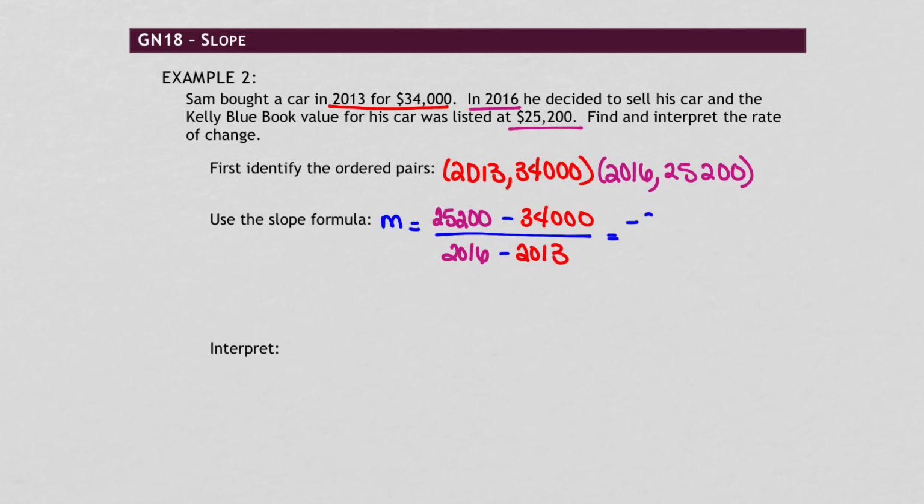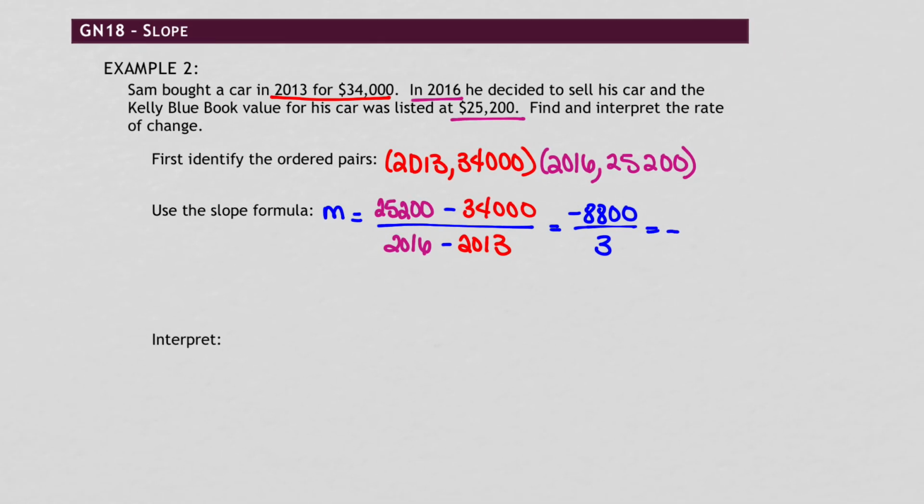And we get negative 8,800 over 3, which is negative 2,933.33. To interpret this, it's negative, and we're dealing with money for the y values, $2,933.33.